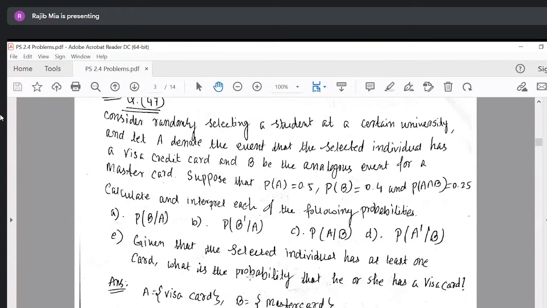At least one card means either Visa card or credit card. So or means what? Union. We use union for or. So A union B is given. Then what is the probability that he or she has a Visa credit card? So Visa card means event A. So A given A union B we have to find, because probability of A given B means B has already happened, then what is the probability of A?